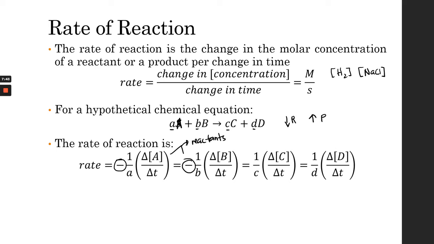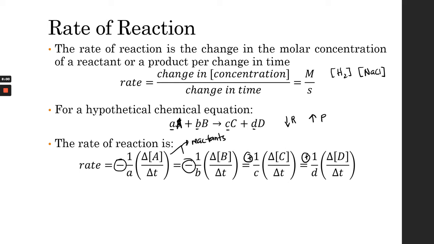That's why for products we have positives. And what we do is, the rate is equal to the negative 1 over the coefficient, times the change in the molar concentration of your first element over the change in time.